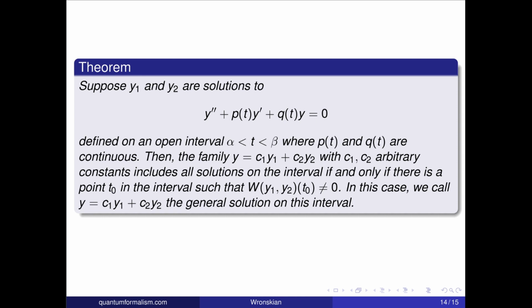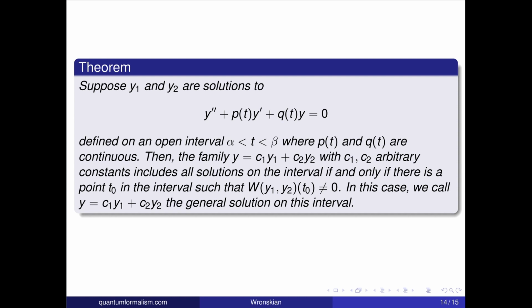Then this family y is equal to c1 y1 plus c2 y2 with c1 and c2 arbitrary constants includes all solutions to this differential equation defined on this interval if and only if there's a single point in the interval where the Wronskian is non-zero. And so in that case, we have a family of solutions that includes all possible solutions to the differential equation, so it makes sense to call something like that the general solution to the differential equation.